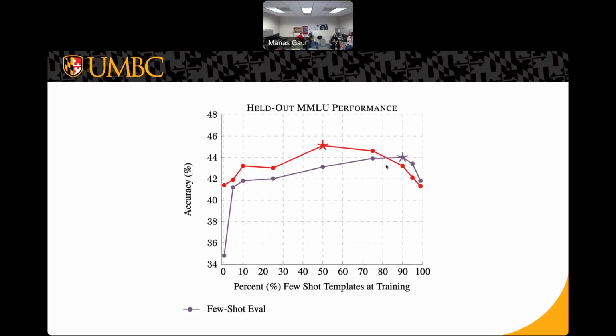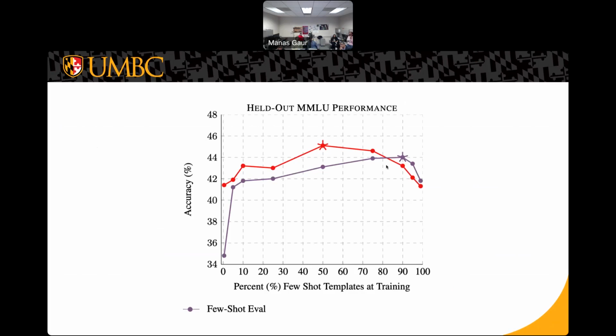And this diagram represents the mixture of the zero shot and the few shot templates. One of the conclusions of this paper was that if you consider a mixture of both the few shot and the zero shot templates, the model's performance is better than considering just the zero shot templates or just the few shot templates.